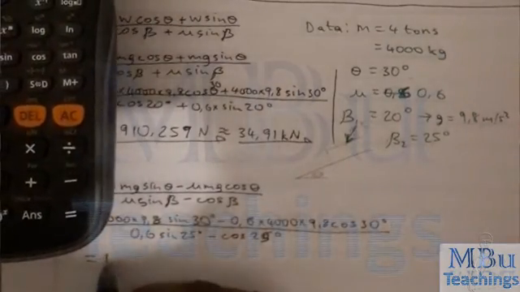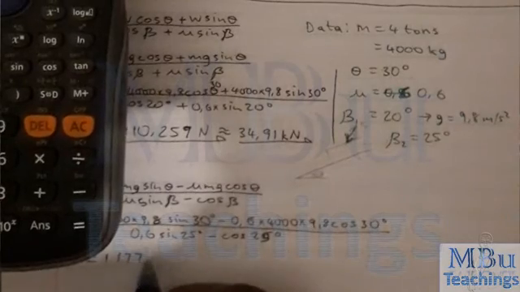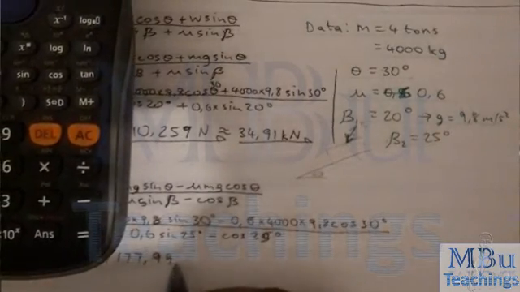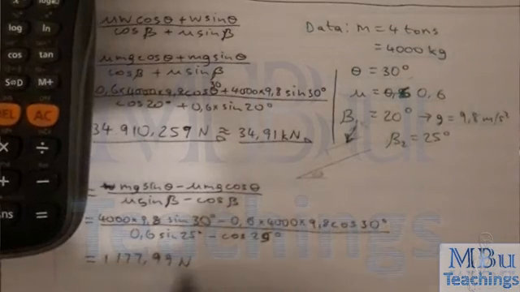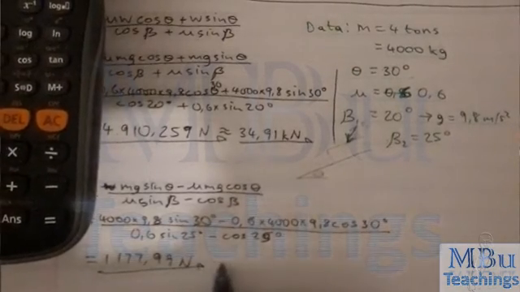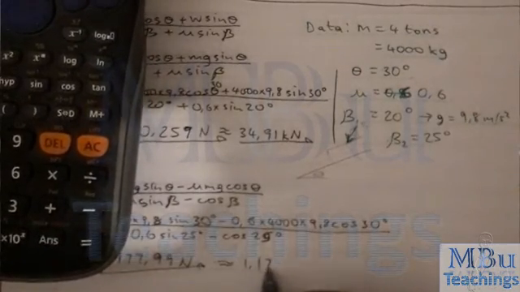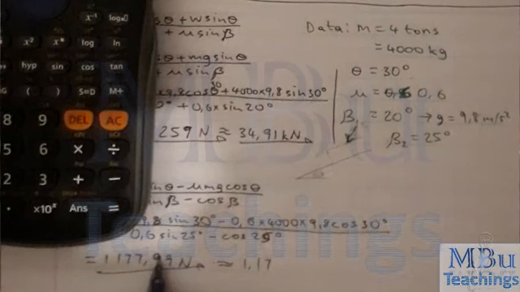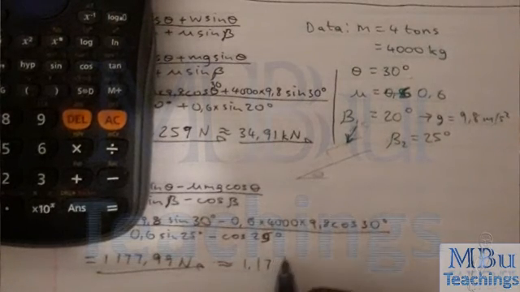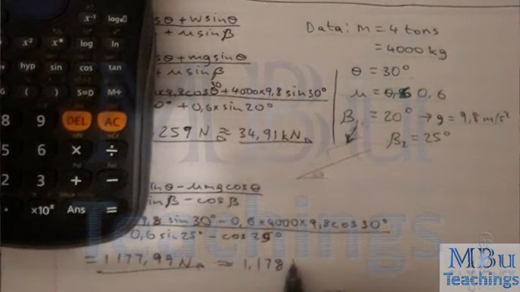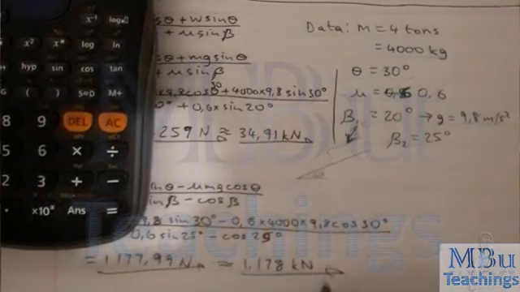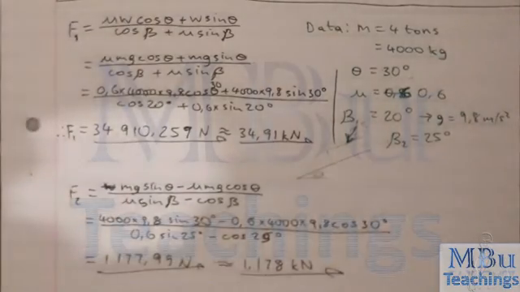So it will be 1177.99 in newtons. If you want to change it to kilonewtons, you can say 1.17. This time 9 is more than 5, so we round the second 7 up and it becomes 8. So this is what you will end up having as the answer for this one.